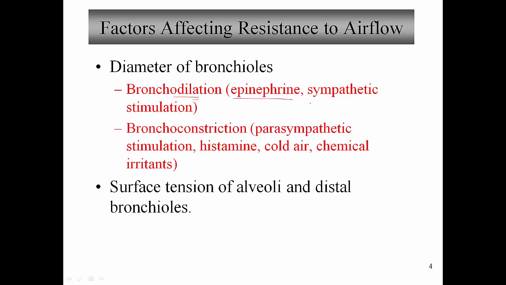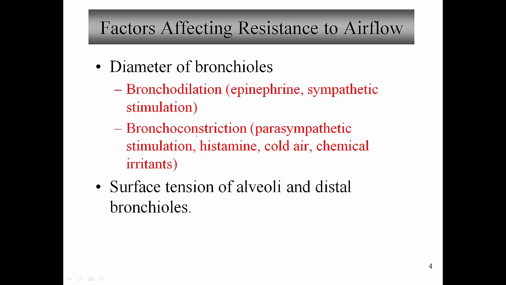Bronchodilation is accomplished by things like epinephrine, sympathetic stimulation, the fight or flight response. And if you remember, we mentioned when we talked about the lymphatic system, anaphylaxis. And we said one of the antidotes for an anaphylactic reaction is an injection of epinephrine. One of the reasons for that was that we would dilate air passageways. So this would allow the person to get more air.